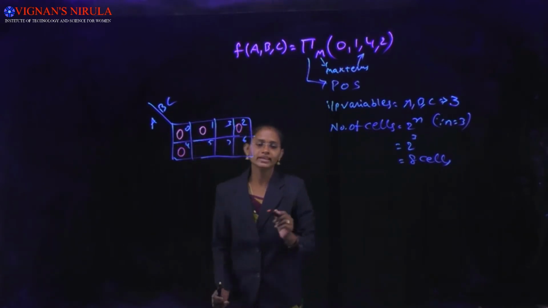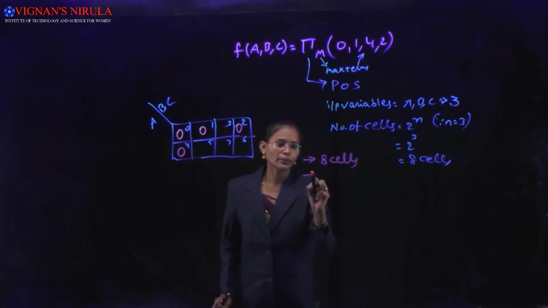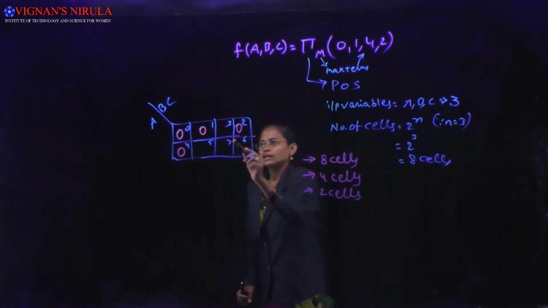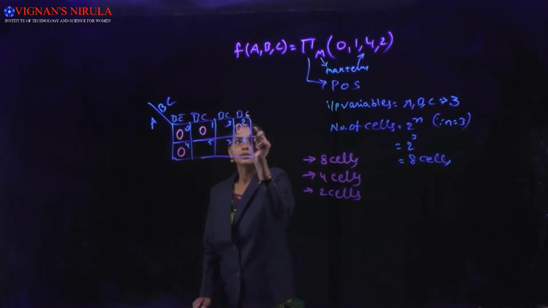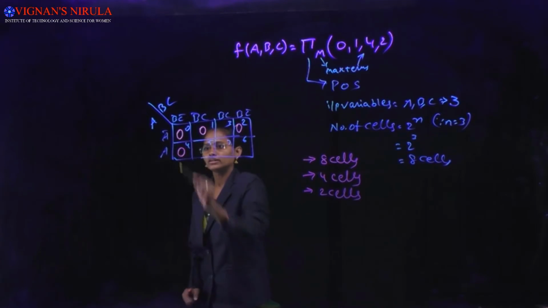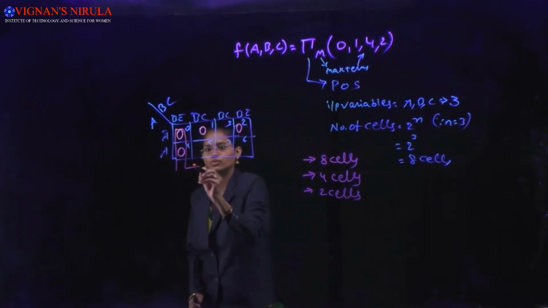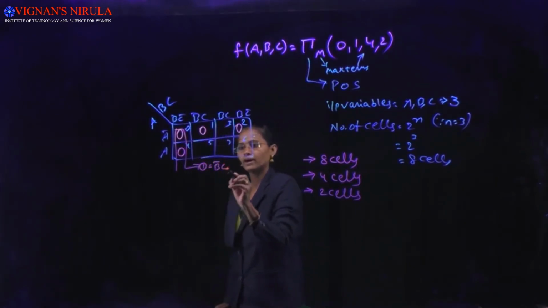How to do the grouping here? First we prefer 8 cells grouping, next 4 cells, and next 2 cells. This is B bar C bar, B bar C, B C, B C bar, and this is A bar, A. Here the first group is 0, 4. In the first group, B bar, C bar.